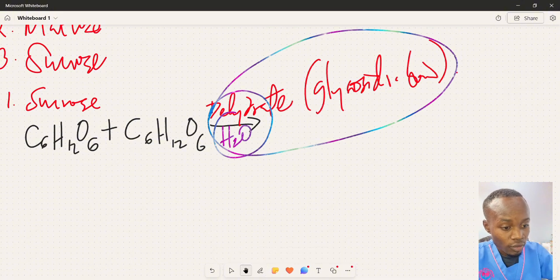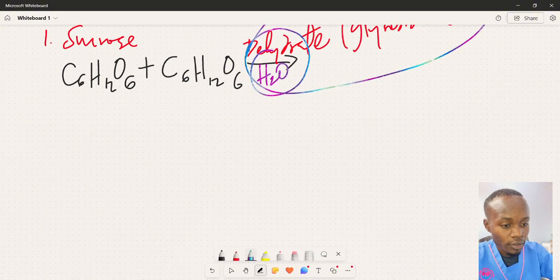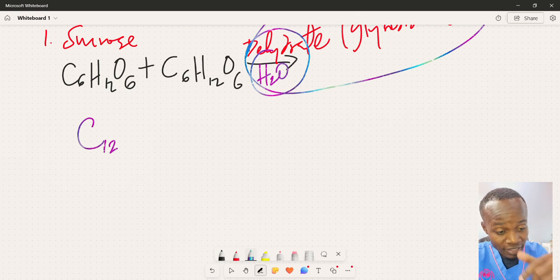Then at the end, if you combine these two, you dehydrate, we will lose a molecule of water, and whatever we are going to have at the end will be C12, the first C6 plus the second C6, that's going to be 12. Then H, remember we've lost 2 hydrogen atoms.